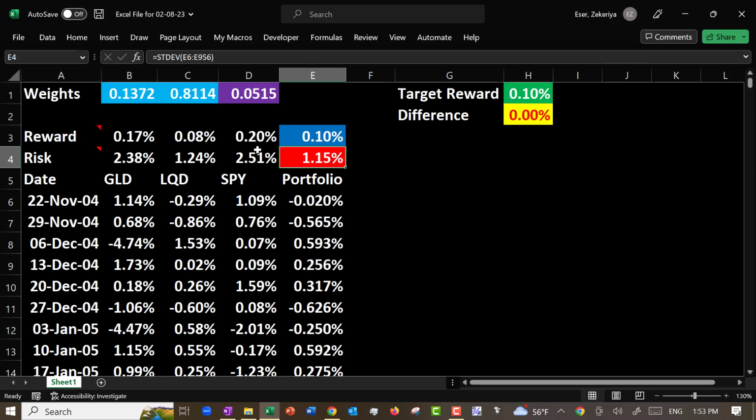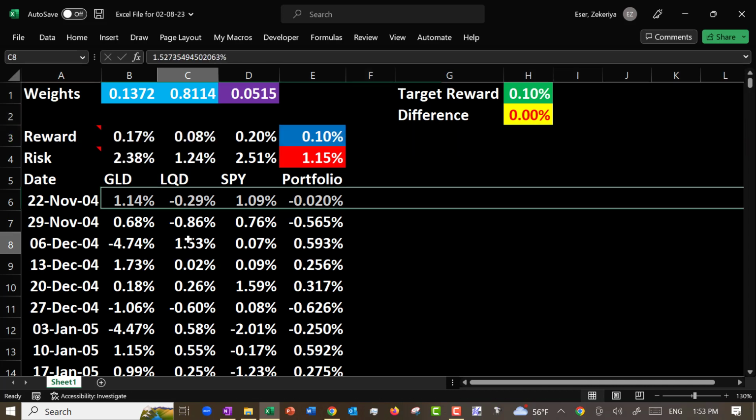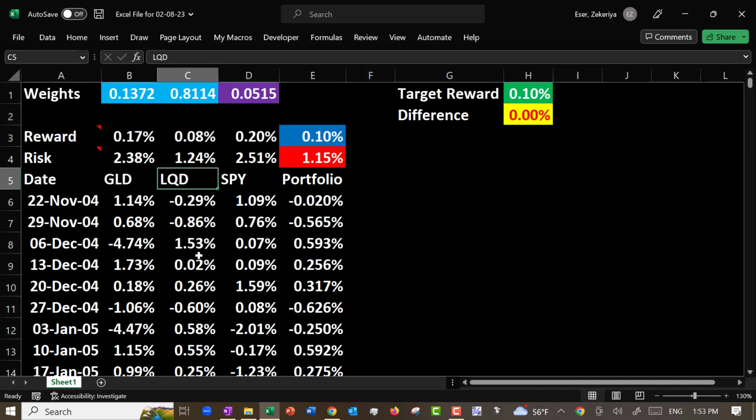For example, looking at here, if you had a portfolio that was invested only in LQD, which is corporate bonds, is that portfolio efficient or inefficient?